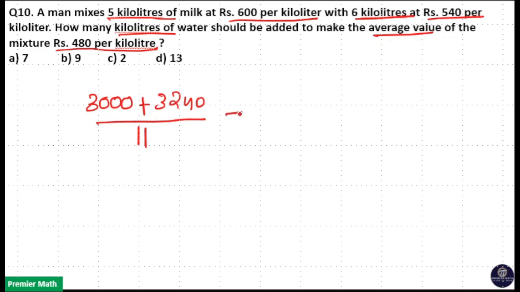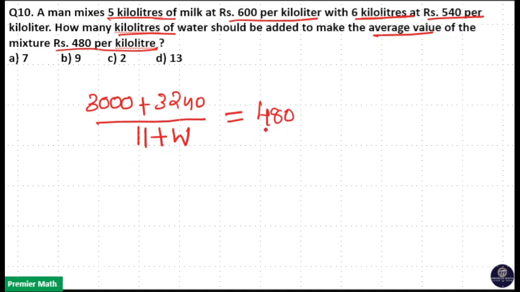But when you add water to this 11 kiloliters, the average price should become 480. That is, when you add water, 6240 divided by 11 plus water will become 480 rupees.